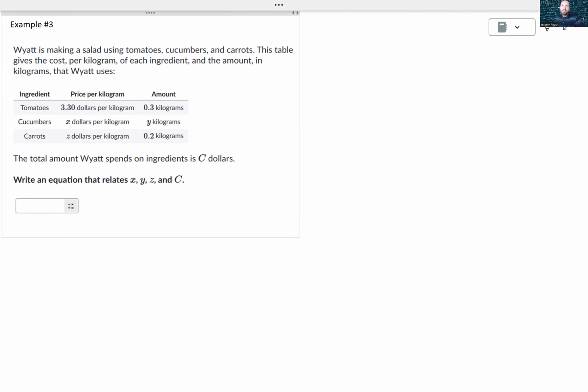So the total amount is C. We're going to find an equation that equals C, which is in dollars. So we want to convert everything to dollars.